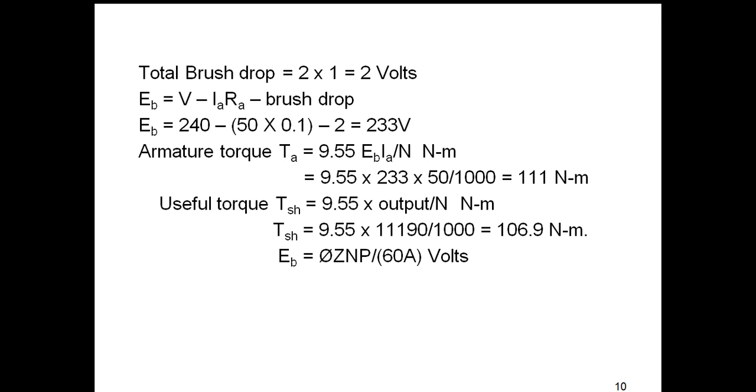Here phi is the flux in Webers and Z is the number of conductors and N is nothing but the speed of the armature and P is the number of poles and A represents the number of parallel paths.